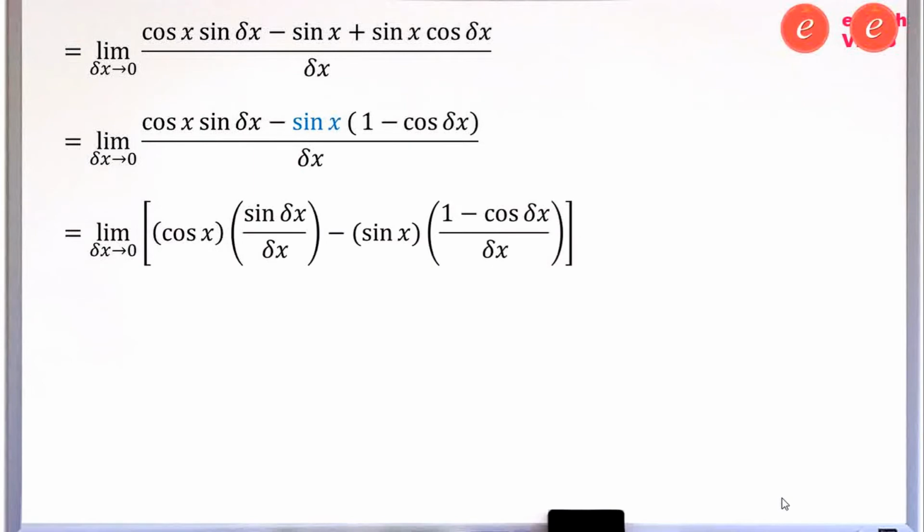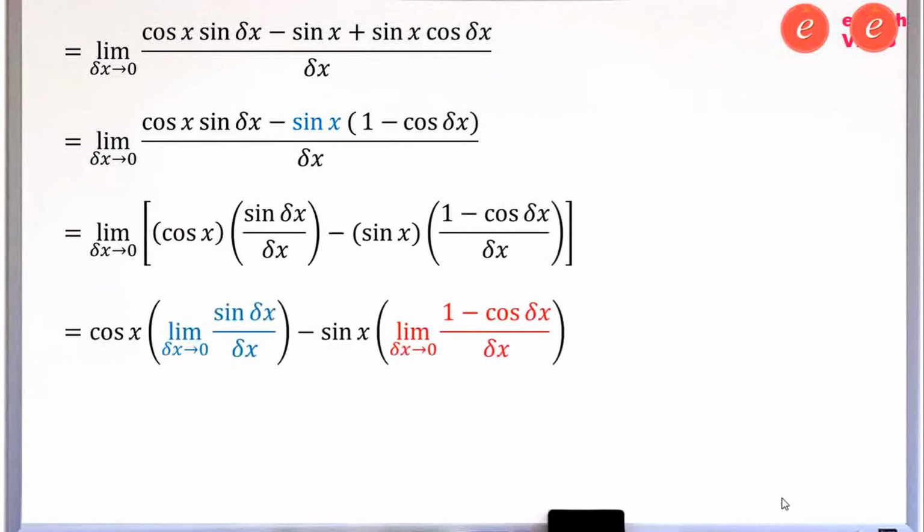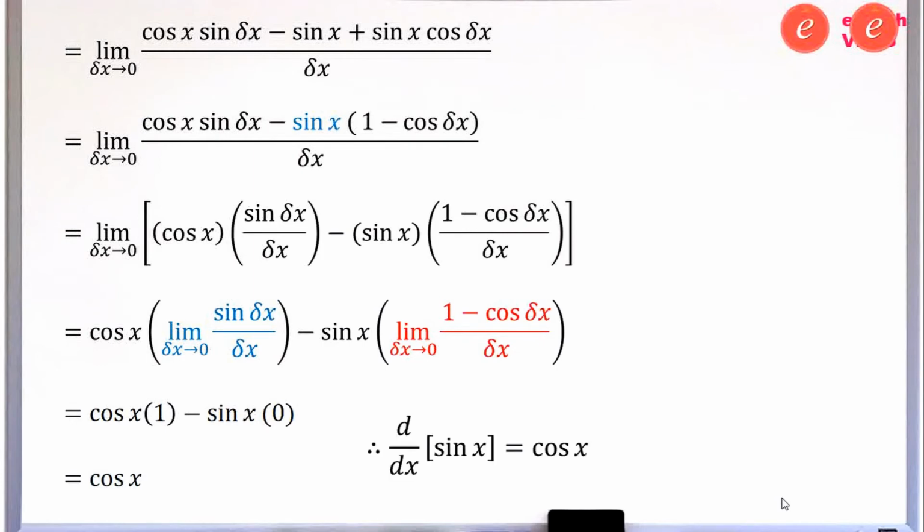Then by the constant multiple rule, we can pull out cos x and sin x when we take the limit. You see, our friends are here again. We just proved that the blue part is 1 and the red part is 0, right? So we will have cos x times 1 minus sin x times 0, which is equal to cos x. Therefore, the derivative of sin x equals cos x.